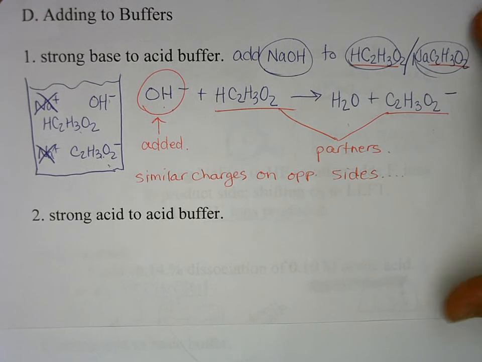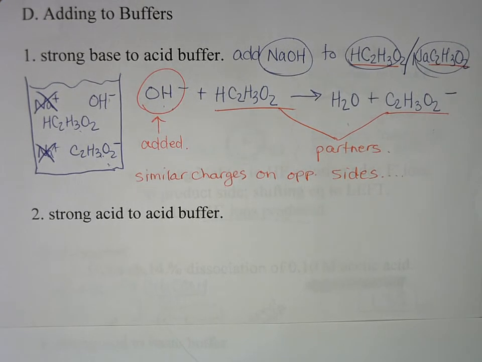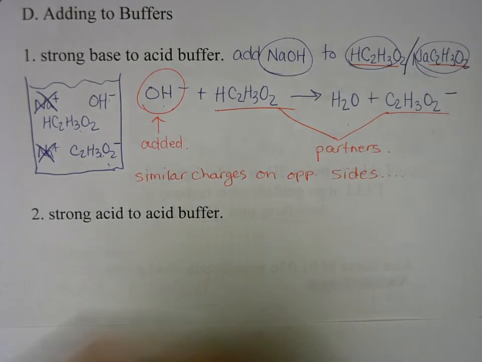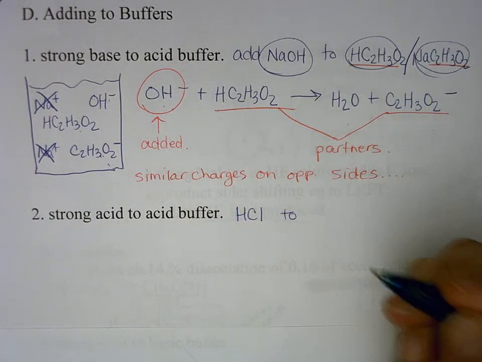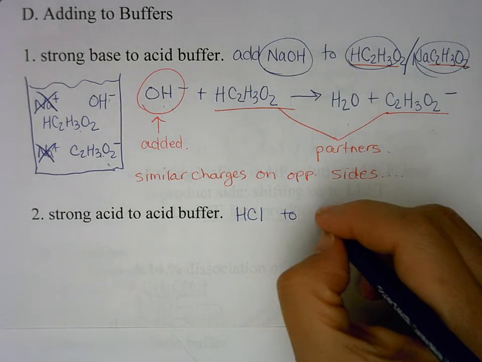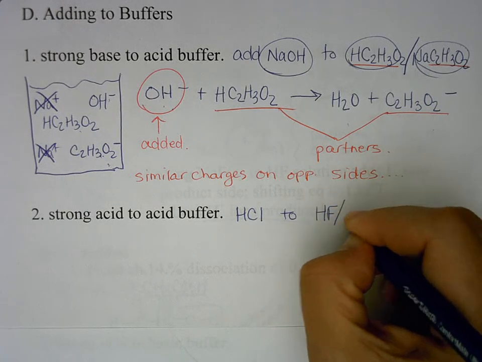Now let's add a strong acid, HCl, to a buffer that's made with a weak acid, HF/NaF buffer.